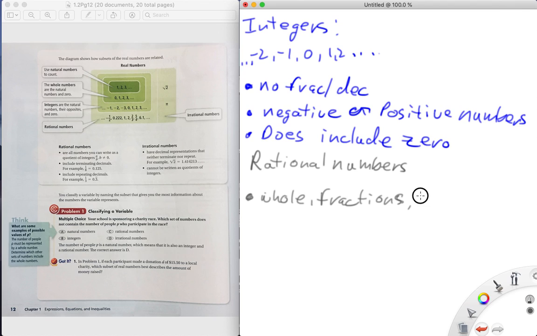But here's the caveat with the decimals. An example: the book has -1/2. Actually, do the dot, dot, dot.